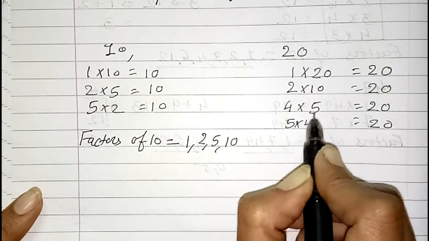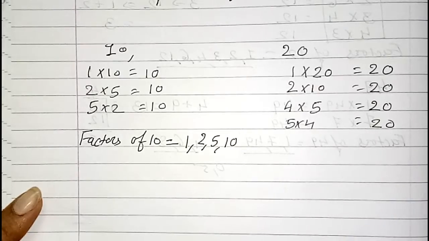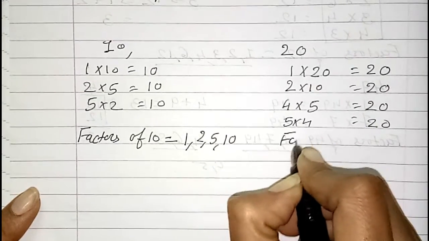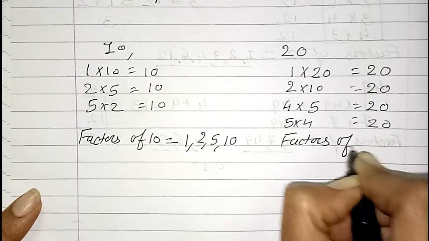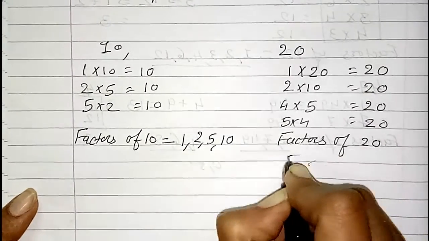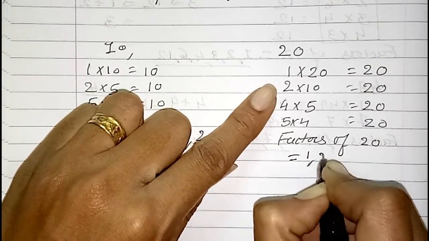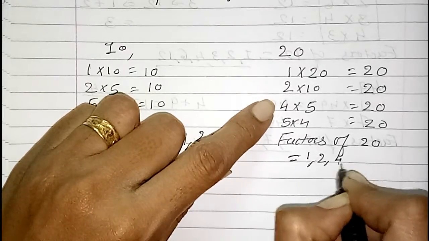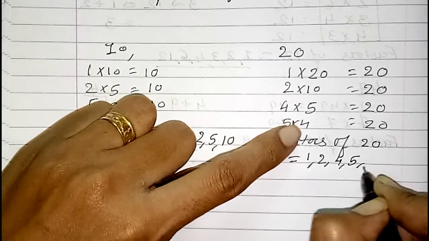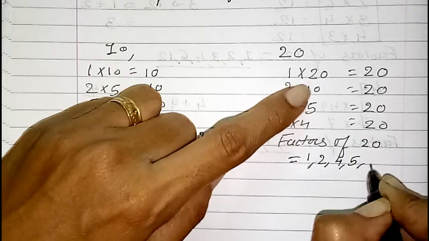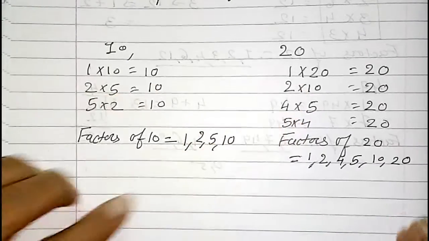Repeated. So we will stop here and we'll write factors of 20 are 1, 2, 4, 5, 4 already we wrote, 5 we wrote, so 10 and 20.